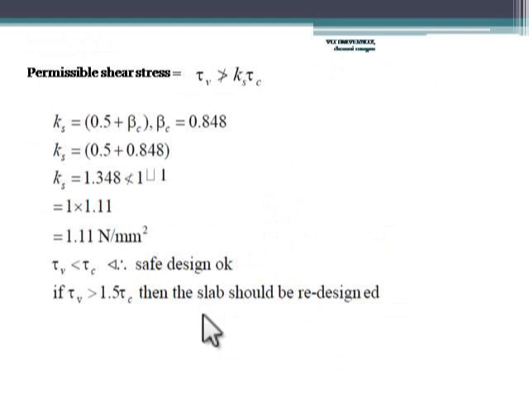And then permissible shear stress, tau v should not be greater than ks tau c.